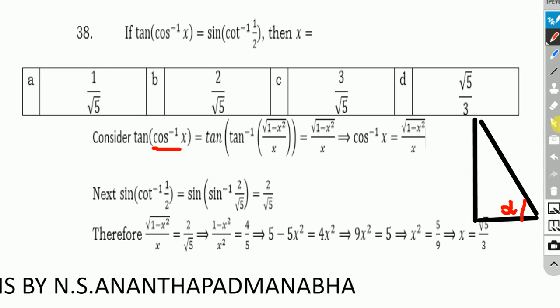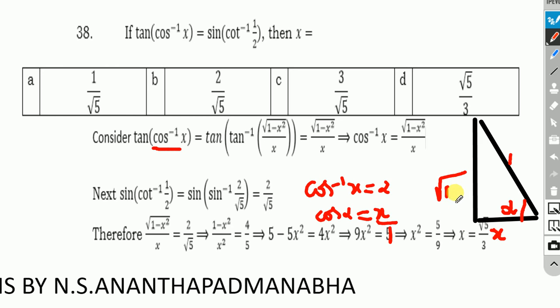Cos inverse of x is equal to alpha means cos alpha is equal to x. Cos alpha is equal to x means that is x divided by 1. Hypotenuse is 1 and adjacent side is x. So obviously this will be root of 1 minus x square by Pythagoras theorem.